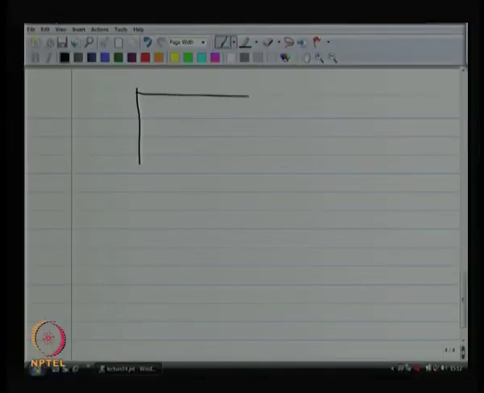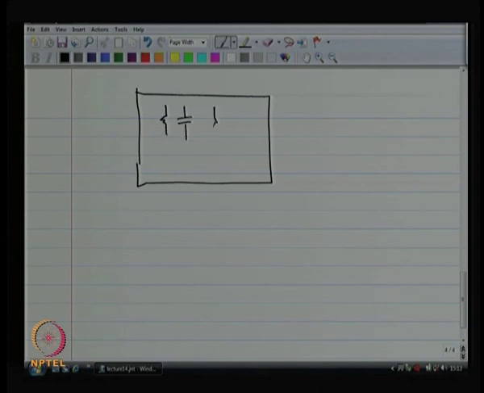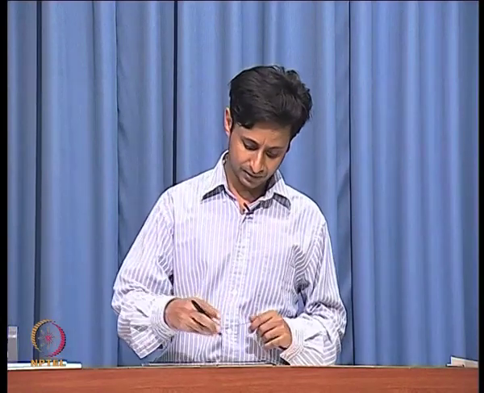The method is this: if you have got a circuit with a lot of resistors, capacitors, GMs, controlled voltage sources, controlled current sources, whatever you want, and you want to find out the bandwidth of the transfer function of this circuit, what you have got to do is pick out every capacitor.